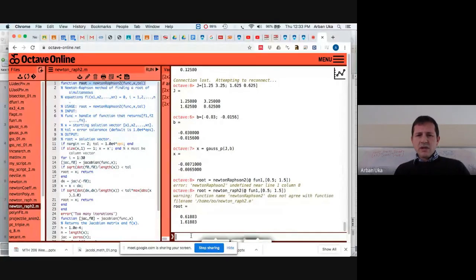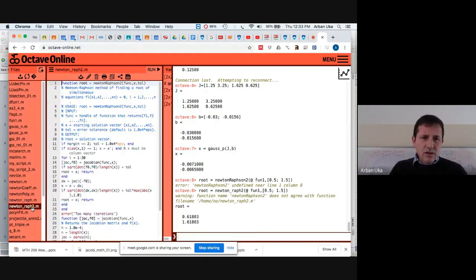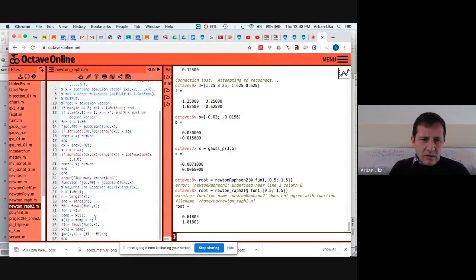Again, for any exercise or for any homework that I might assign, you can use these codes. And let's look at a different function. Let's assume that we have a function, let me see. And probably, let's see actually how fast this converges. It's not that non-linear, but let's look at the code, where there are too many iterations.